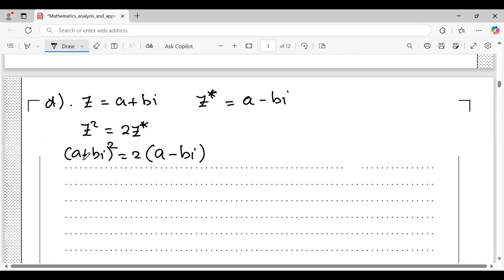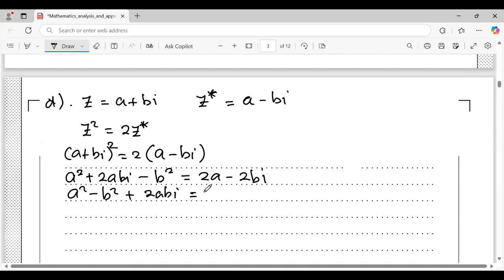After that, I would like to expand this: 2abi, and i squared is minus, so minus b squared, equals 2a minus 2bi. So a squared minus b squared plus 2abi equals 2a minus 2bi.